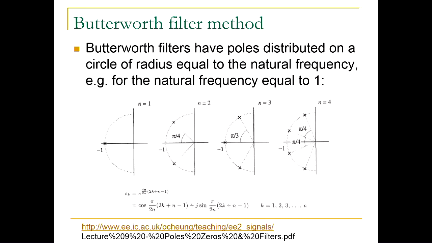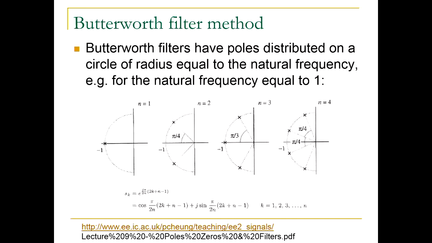Now, for Butterworth filters with, let's say, natural frequency equal to 1, for a first order system, the pole would be here. For a second order system, the poles will be here. For third order systems, the poles will be here. For a fourth order system, N denotes the order of the system or the number of poles, and these crosses denote the locations of poles.